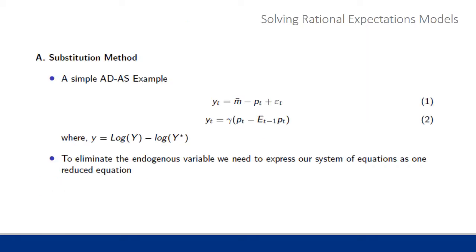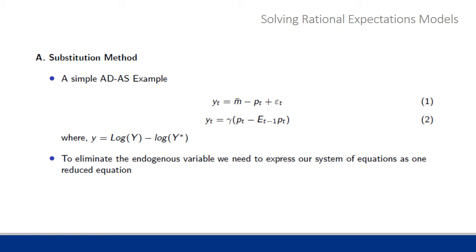We begin with method A, which is the substitution or simple method for a simple model. That's a model where you only see the subscript t and not t plus 1. For t plus 1 we would use a forward variable method.